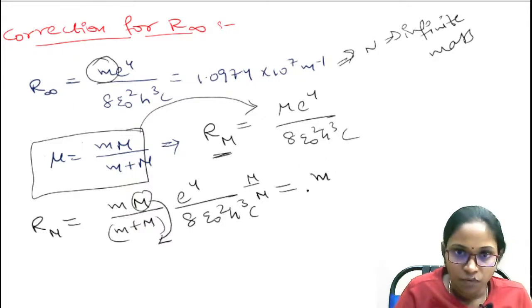Okay, so therefore we have m by m plus capital M by m.